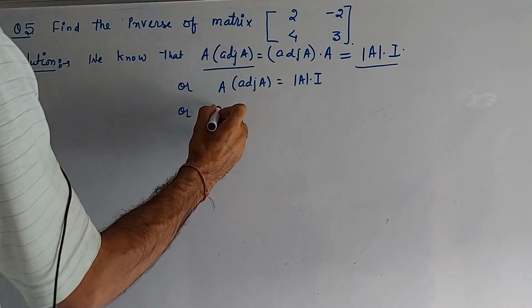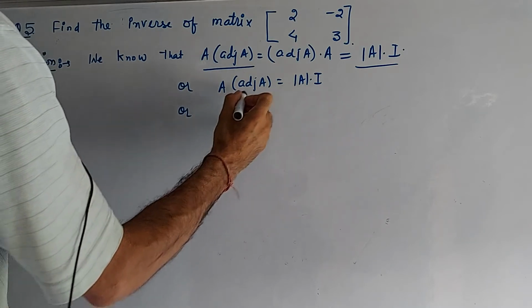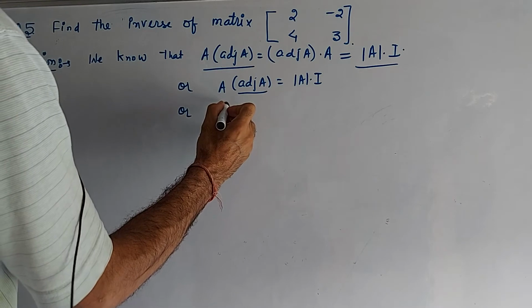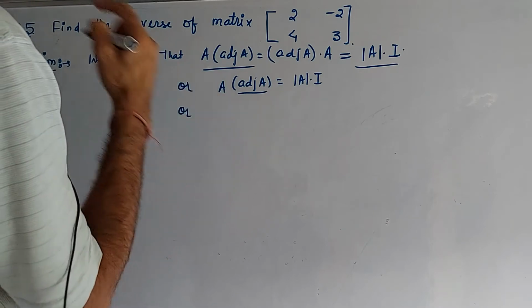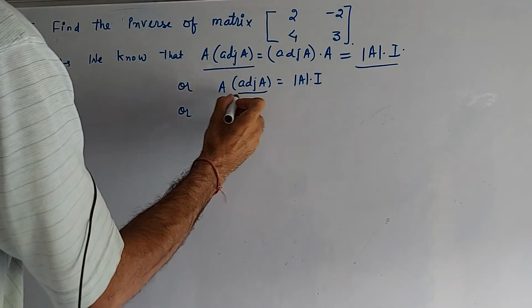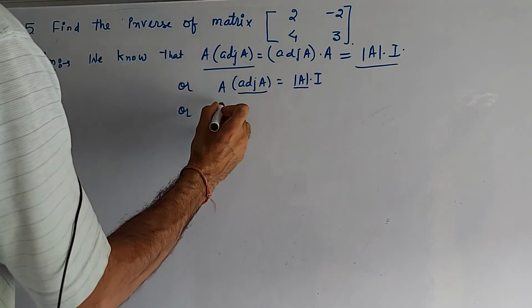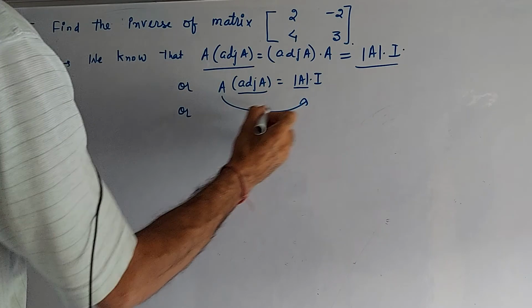We will transfer this adjoint to the right hand side, and transfer the determinant here and A to the right hand side.